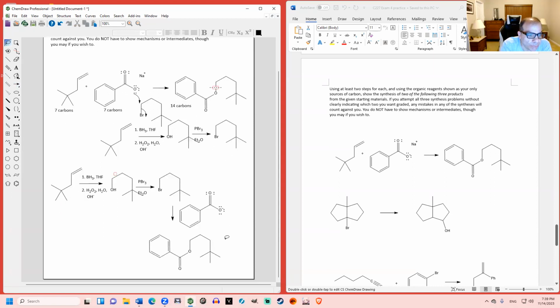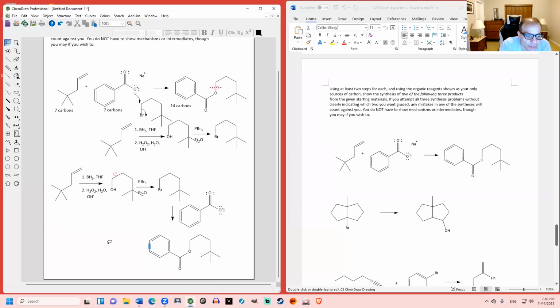I'm afraid I've run out of room. You don't have to write all the intermediate products if you don't want to. You can just list the reagents: 1, borane THF; 2, H2O2 in aqueous base; 3, PBr3; 4, this thing, and then you get the product.